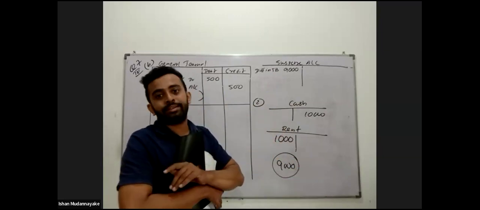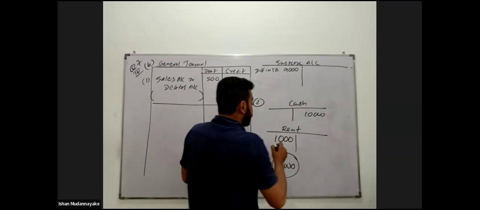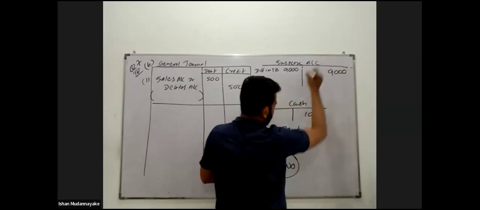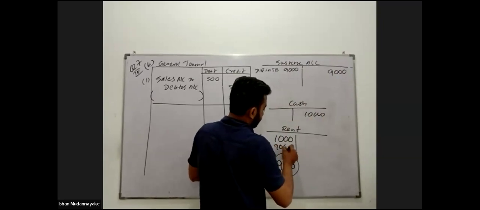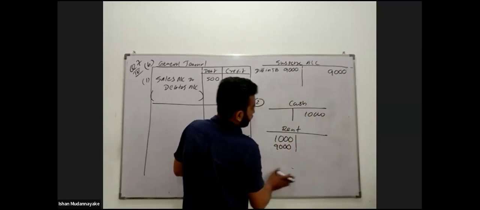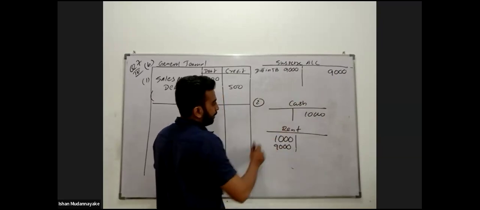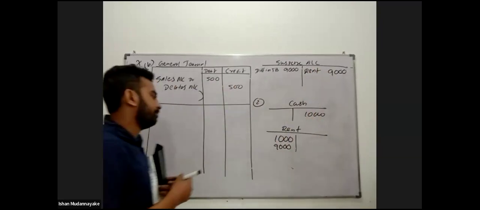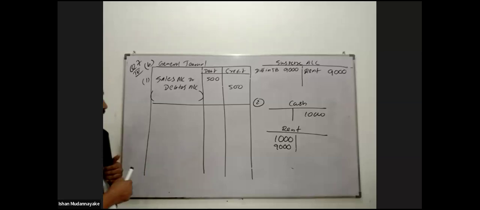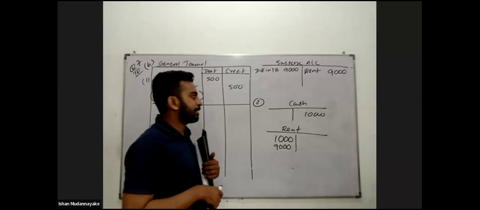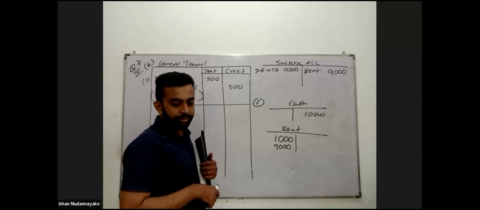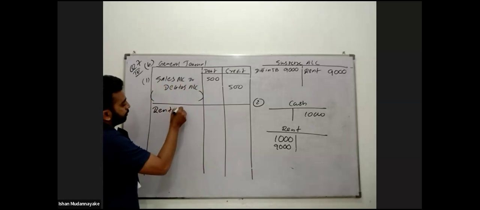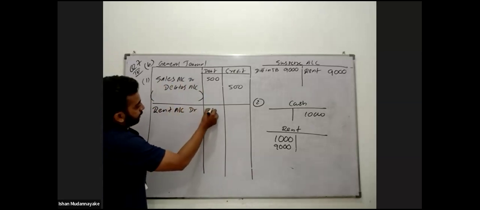How to correct? Suspense account credit, rent account debit. Correction double entry: suspense account credit 9,000, rent account debit 9,000.